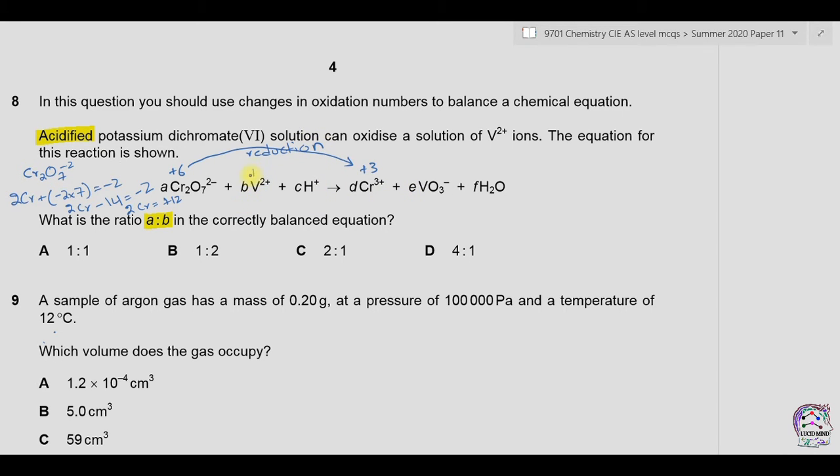Vanadium is in the +2 oxidation state on the reactant side, and on the product side we can find the oxidation state of V: there are 3 oxygen atoms, so -6 for oxygen, and the overall charge is -1. So vanadium is +6 minus 1, which is +5. So it goes from +2 to +5, that is oxidation.